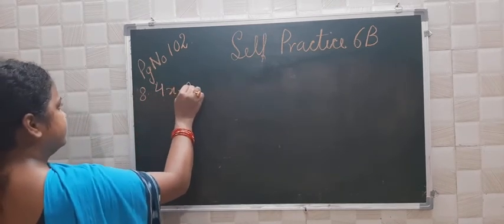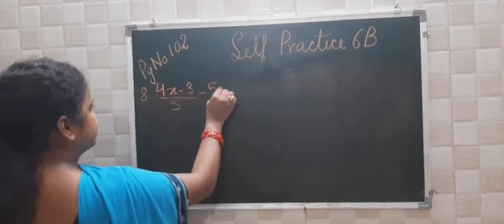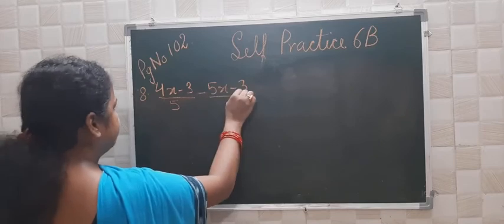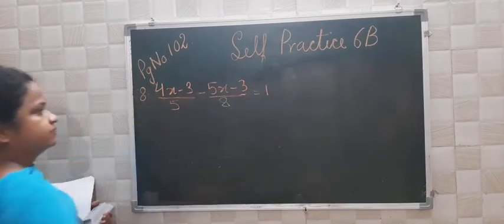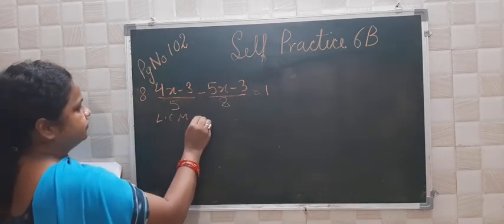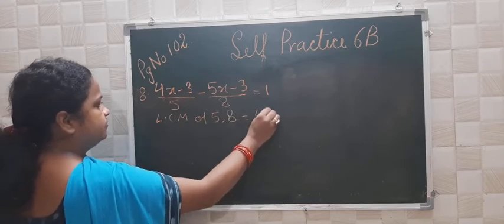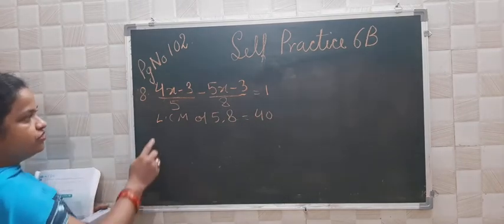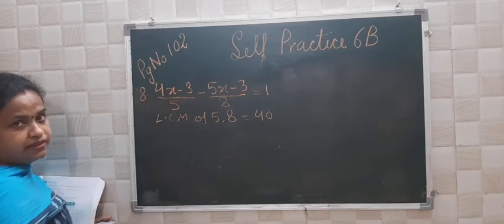(4x minus 3)/5 minus (5x minus 3)/8 is equal to 1. So the LCM of 5 and 8 is equal to 40. Correct? Now whatever number makes 40, I will multiply here, and the same is multiplied here.